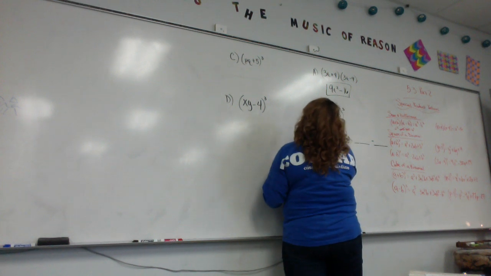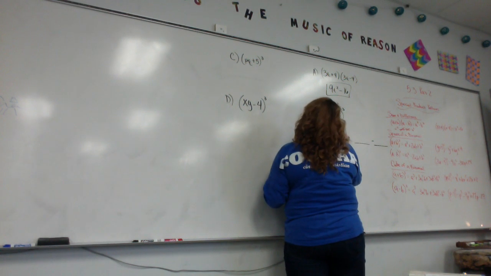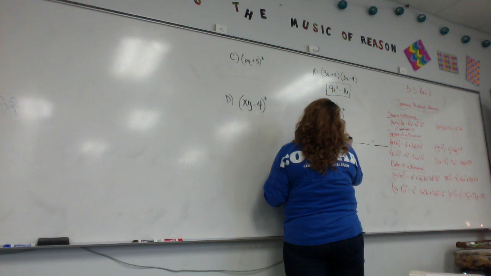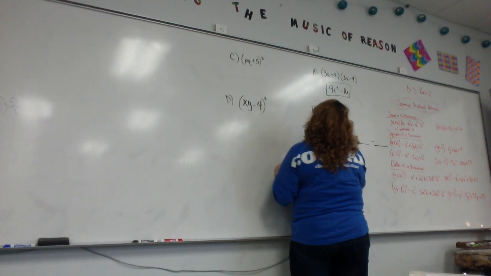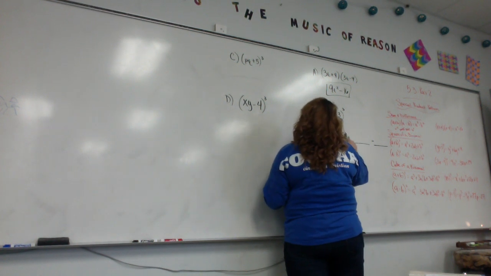Now in the second spot, remember we have 3 times what? Times 8 squared x squared. And then times what else? Yes, times -3, right? Okay. That's how we get that negative sign.